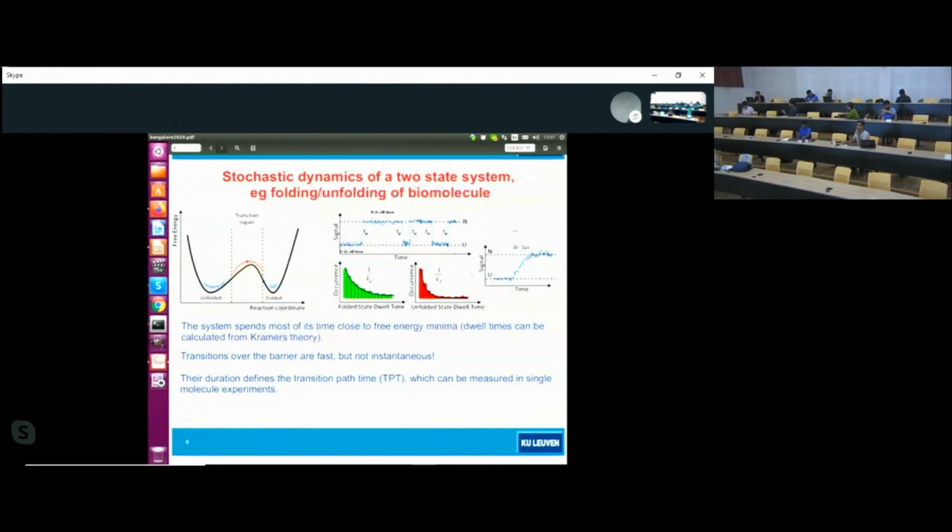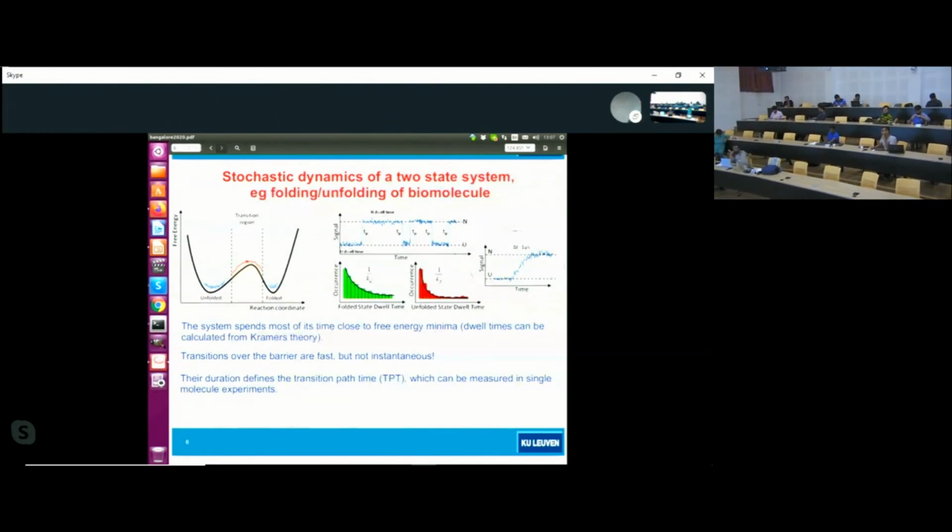But often, because this transition region is very short, it's not very detailed. I don't know if it's always reliable, especially in the transition region. So this free energy landscape, I can map it from the signal as a function of time.